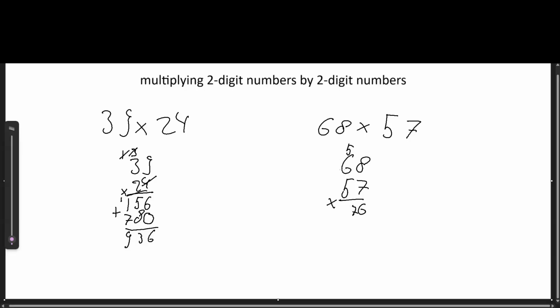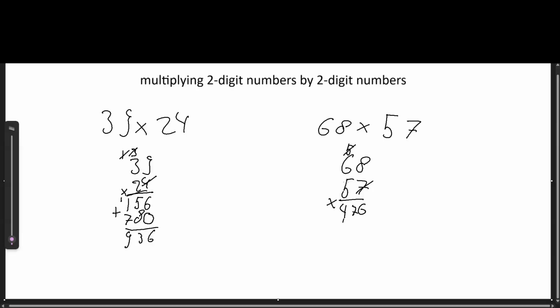We don't have any space to put the 4, so we just put it here. My bad. Put it here. Now, just get rid of the numbers we don't have to use anymore and go on to the next.